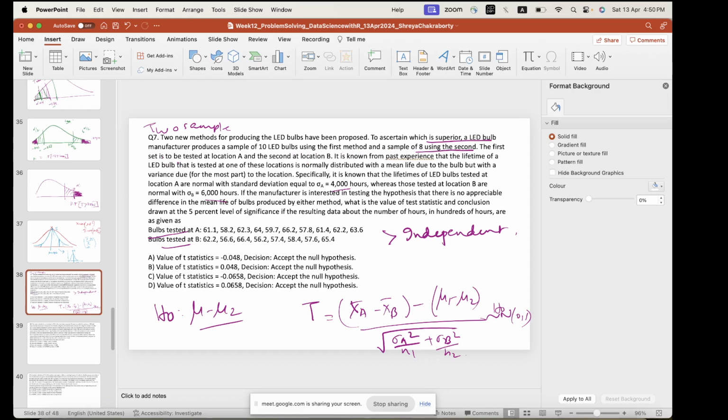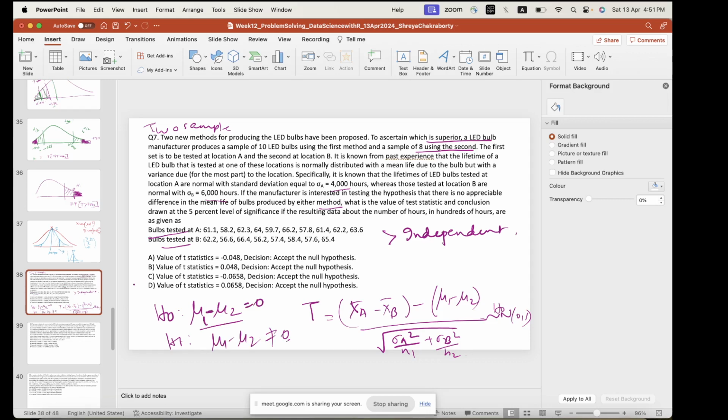There is no clear-cut instruction by which we can understand whether one is superior or not. If the manufacturer is trying to assess superiority, then our H naught will be mu1 minus mu2 equal to 0 versus mu1 minus mu2 not equal to 0.